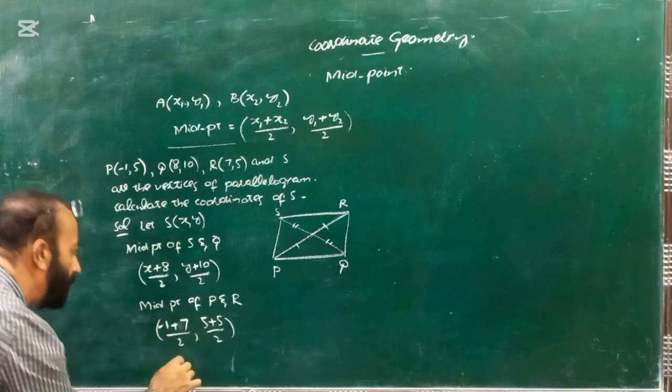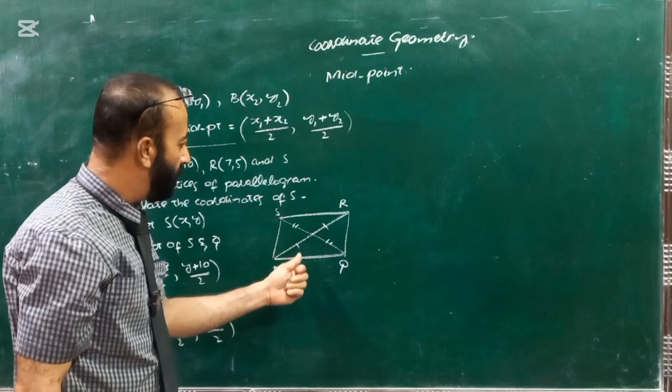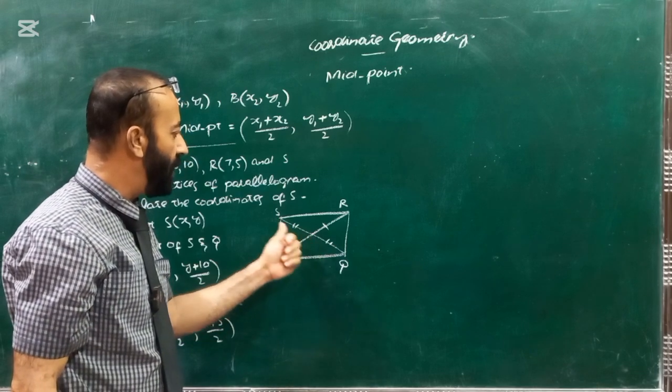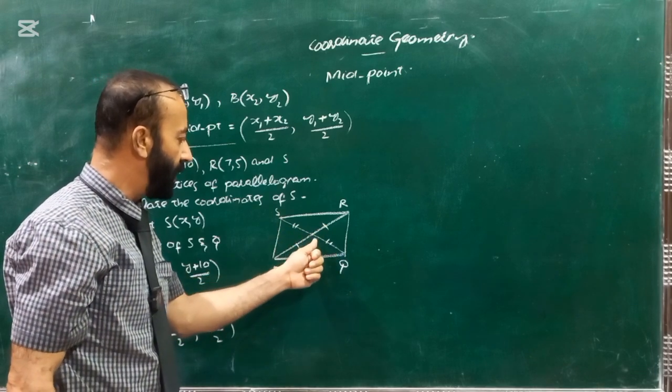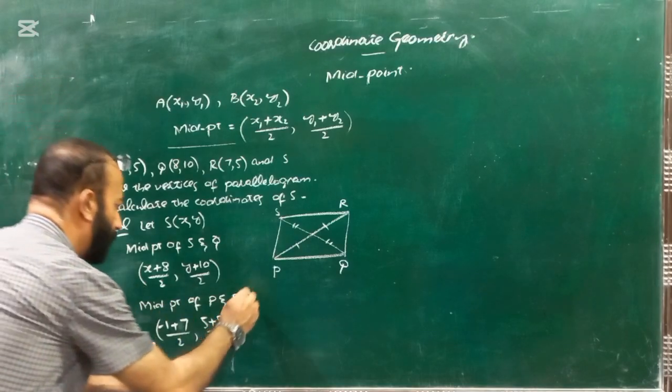So this is the midpoint of P and R. As you have learned in the beginning, the midpoints of the two diagonals of a parallelogram are the same. So it means this point will be equal to this point.